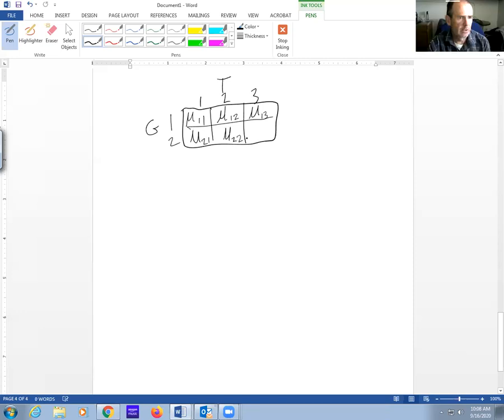So we want to write the interaction test. A way to think about the interaction is, does the difference between the groups change over time? Did somebody have a question? So let's look at the difference at time 1, mu11 minus mu21.